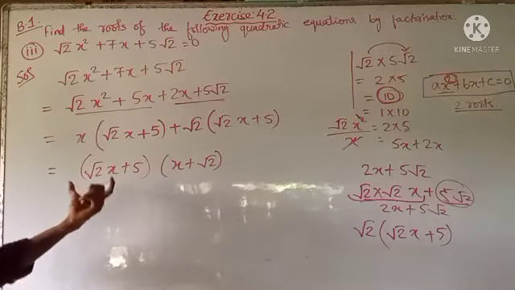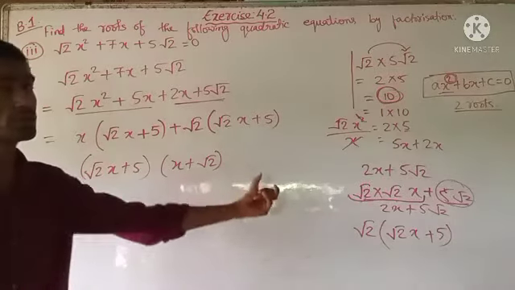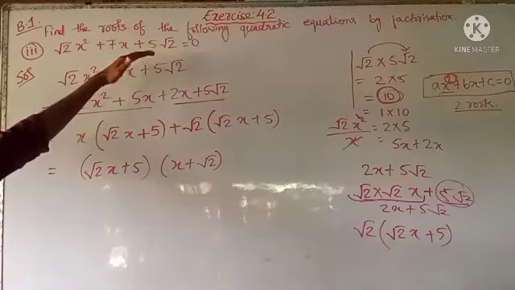Now we can say that either one part is equal to 0 or the other part is equal to 0, from which we can get the value of x.